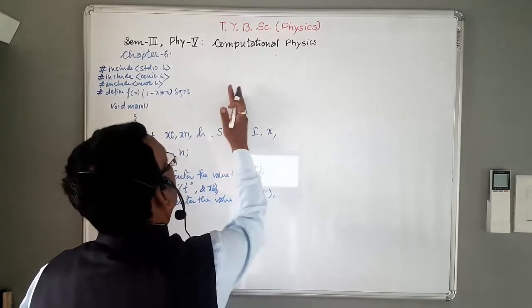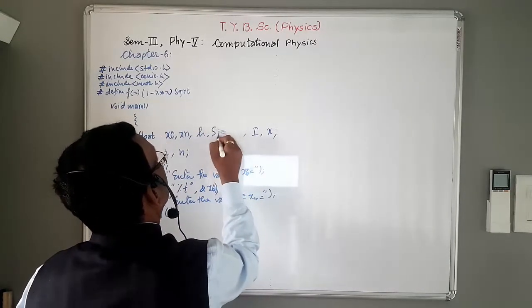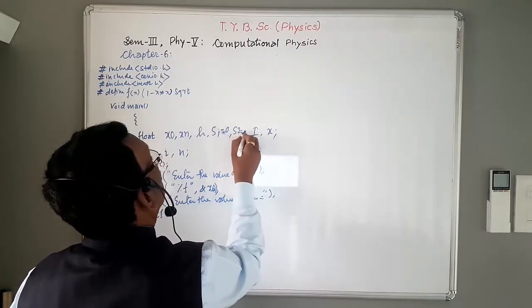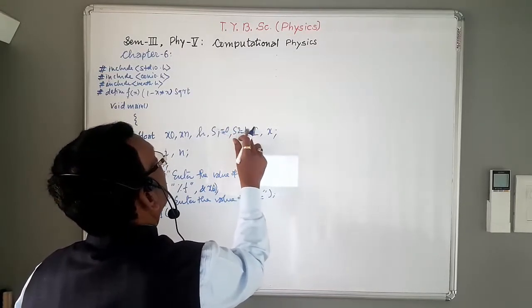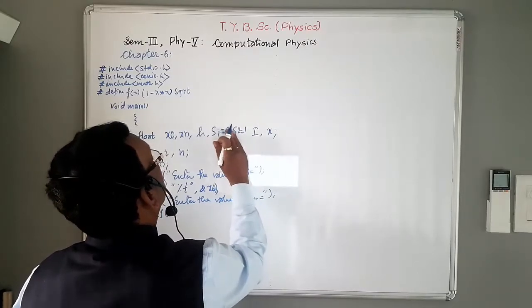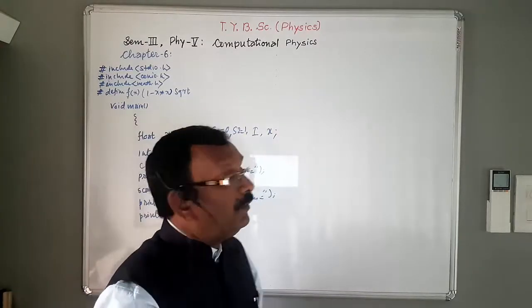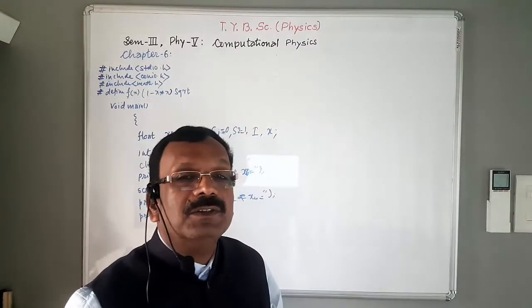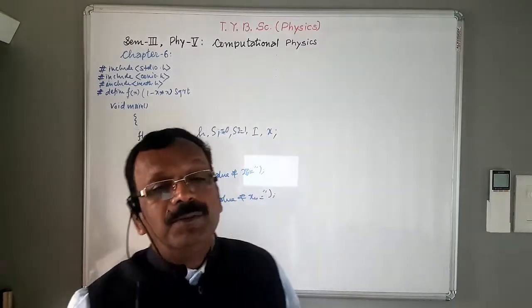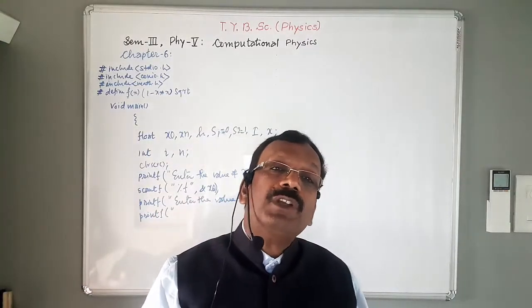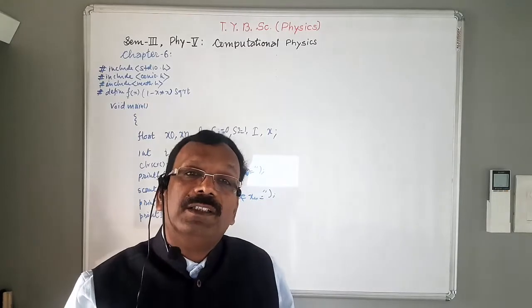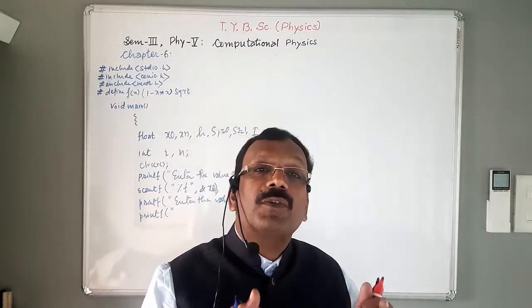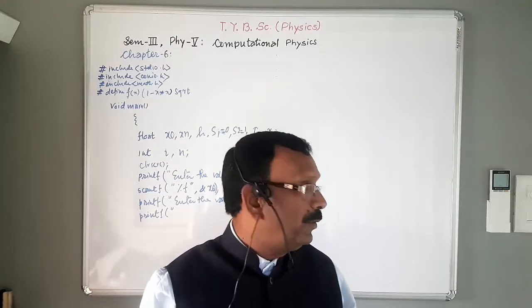So here s1 is equal to 0, s2 is equal to 1. Like this we can declare and initialize the variables. We also declare floating type variable x. We also define two integer type variables, which are i and n. n is the number of steps for the trapezoidal rule.